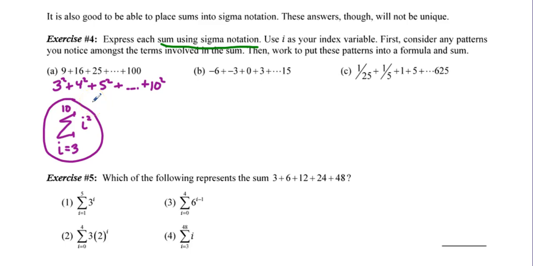So our next example, we've got a little pattern going on here. Why don't you look it over, see what you see. You notice that it adds 3 each time. So, you know that d is 3.